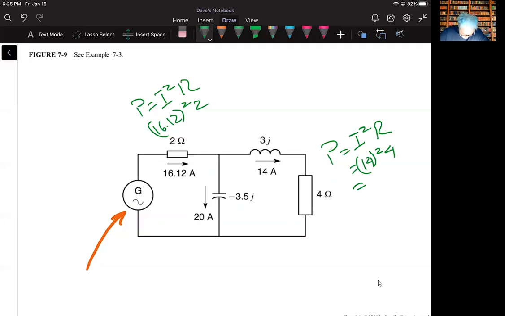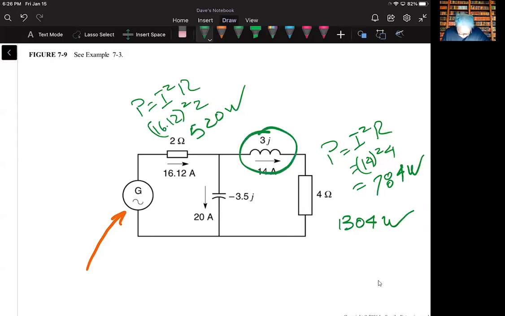So I have 784 watts here, since it's active power, and I have 520 watts here. So the total active power in this circuit is 784 plus 520, which would be 1,304 watts. The 3 ohm reactor here absorbs reactive power, right?